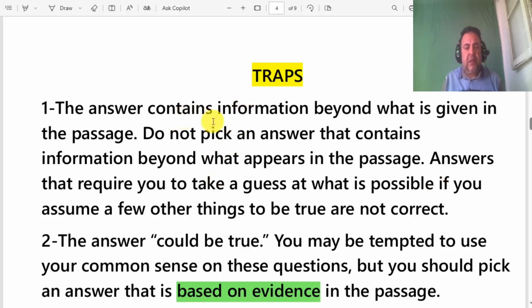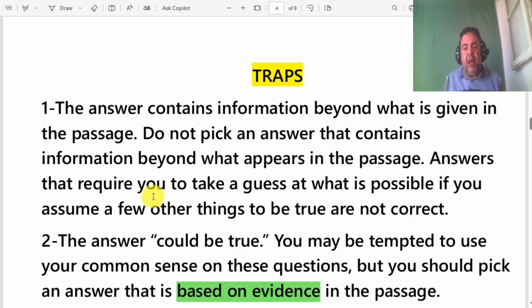Number 1: the answer contains information beyond what is given in the passage. It's really just a fact, because the answer doesn't ask you directly for the main idea or conclusion, but it needs further information and deeper thinking. Don't pick an answer that contains information beyond what appears in the passage.